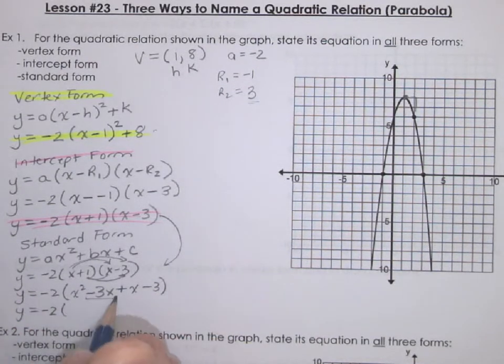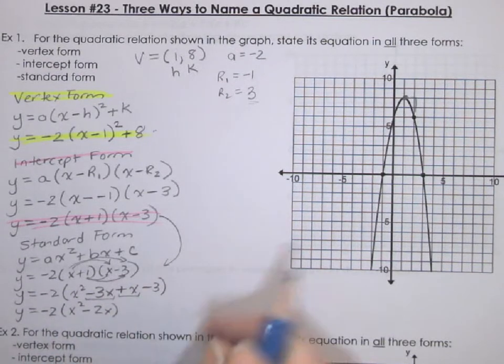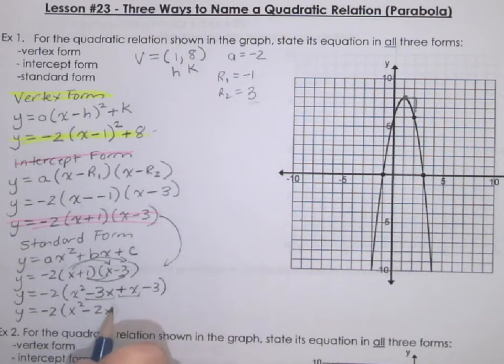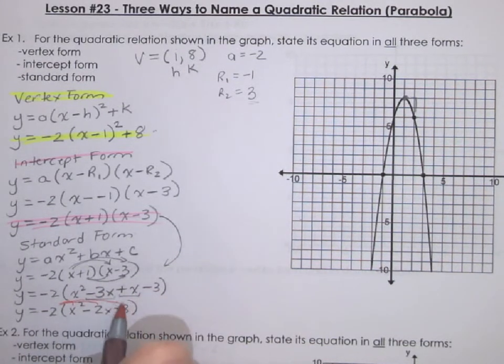And then you get like terms there in the middle that you can collect. So -3x plus 1x is negative 2x. Still have minus 3. And then we can distribute the negative 2 through each term in the bracket.